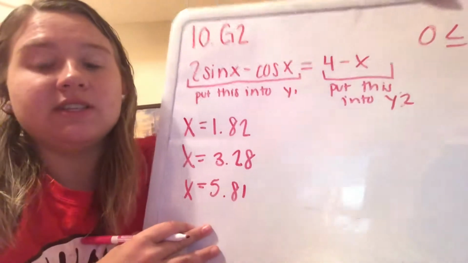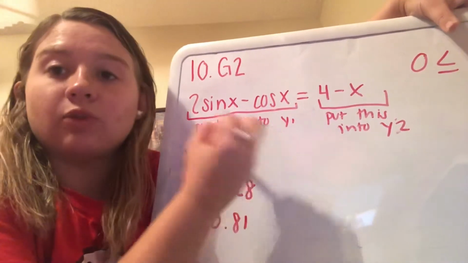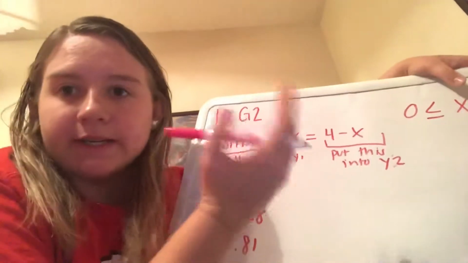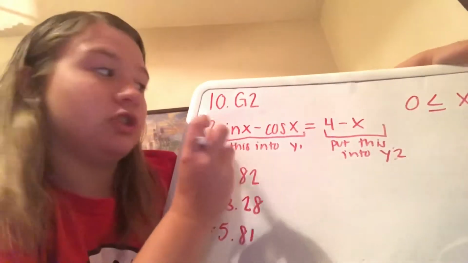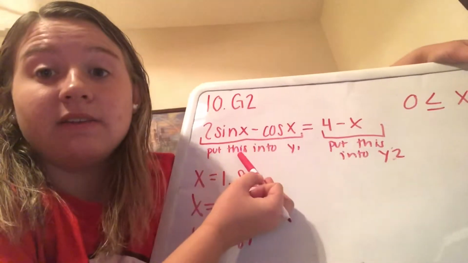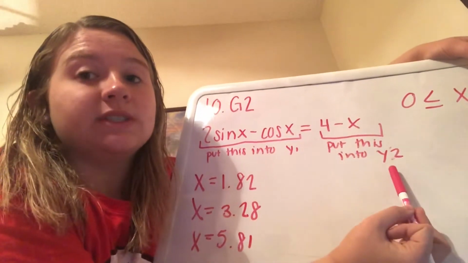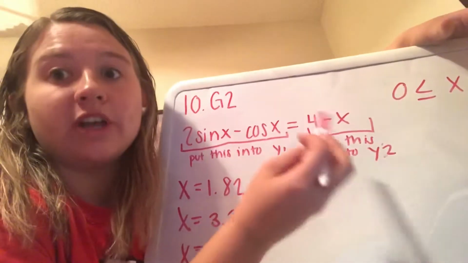I'm going to recap the steps. You will take your problem and set whatever is on the left side of the equation equal to y1, and whatever is on the other side equal to y2.